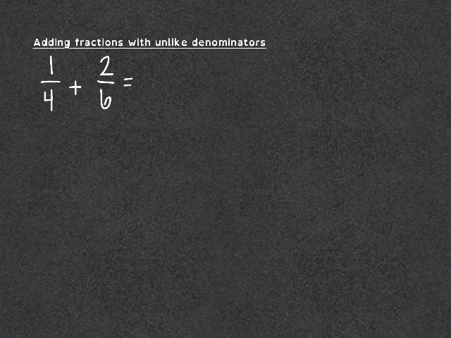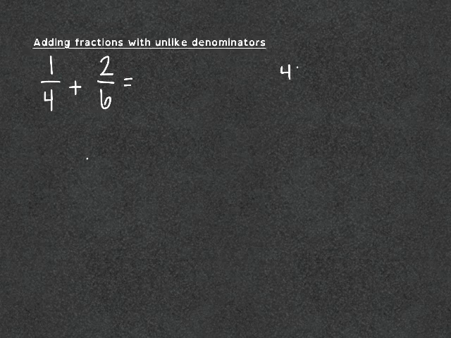So the first thing that we have to do is ask ourselves, what can we get both 4 and 6 to be so that they're the same with multiplication? Now, some of you are going to be able to immediately say, I know that both 4 and 6 can get to 12. If that doesn't come as quick to you, we can find the least common multiple between the two numbers.